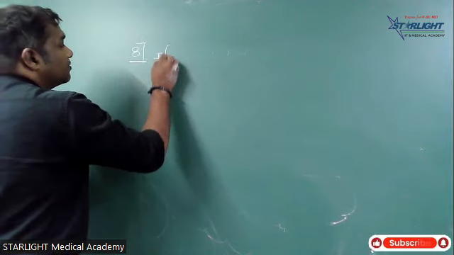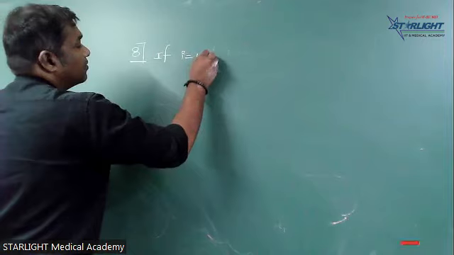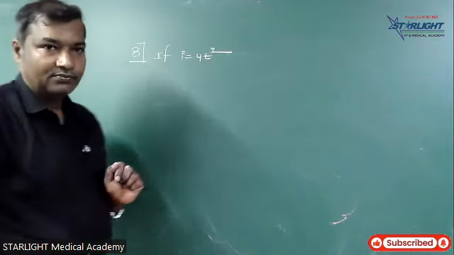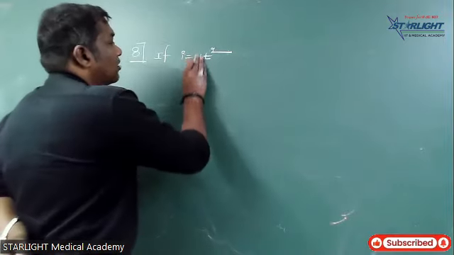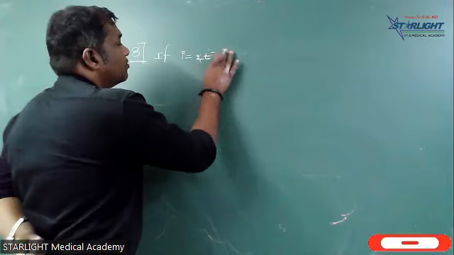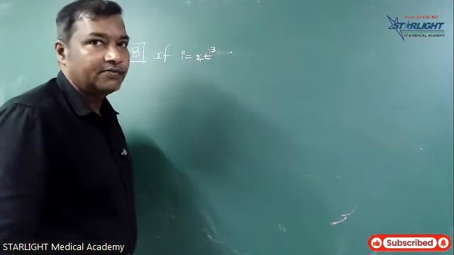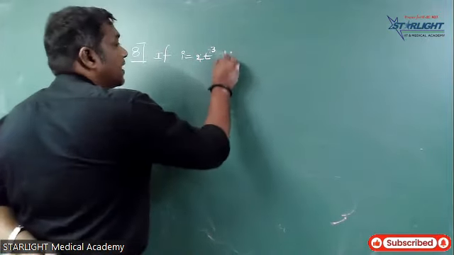Point number 8. If I is equal to 2t cube, this is the current equation.